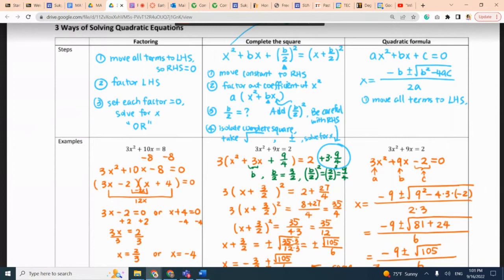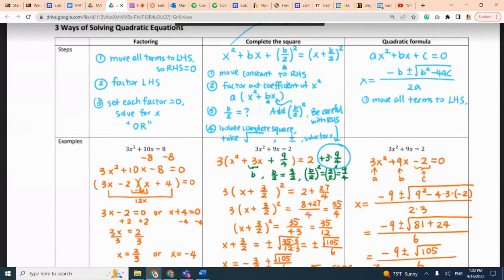And then we can factor the left-hand side. So 3x squared, the factors are 3x and x. Right, everybody? And then the negative 8. Negative 8, the factors are 1 and 8, 2 and 4. But because it's negative, one of the factors is positive, one of the factors is negative.